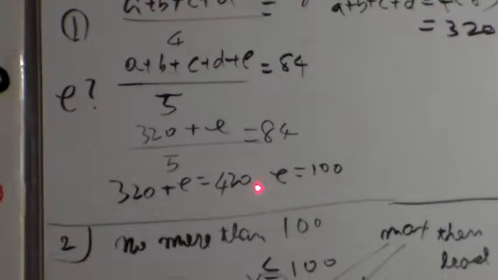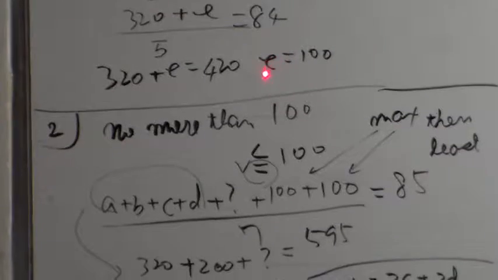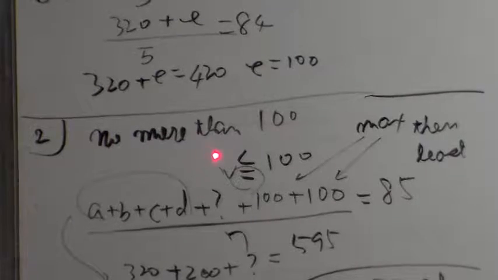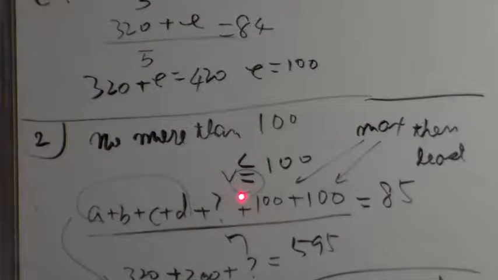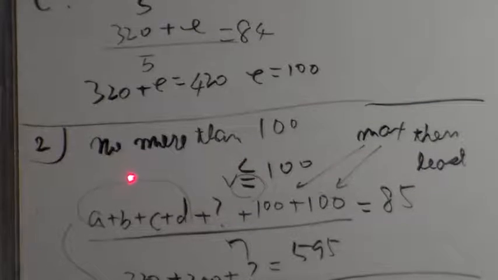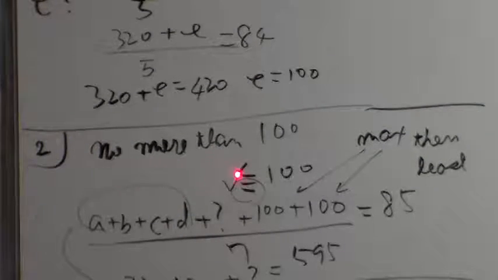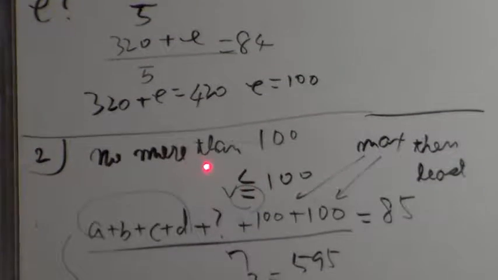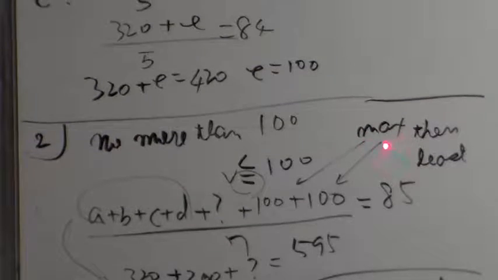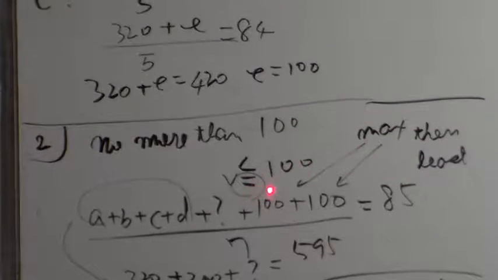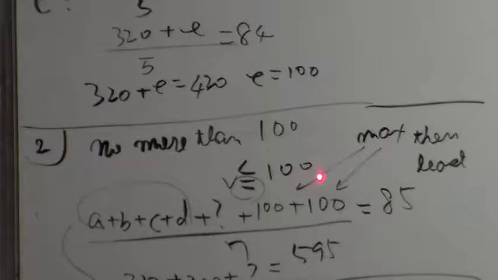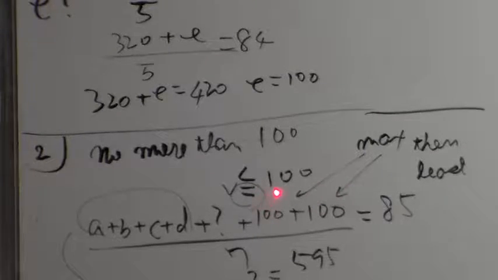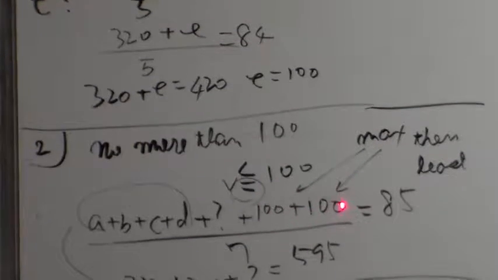And next one is number 2. This one, make sure, no more than 100. That means including 100. This is gonna be tricky. Let me repeat again. No more than 100. That means including 100. Okay. So to get the least score, the others have to be maximum. The final thing, the least, should be a minimum.